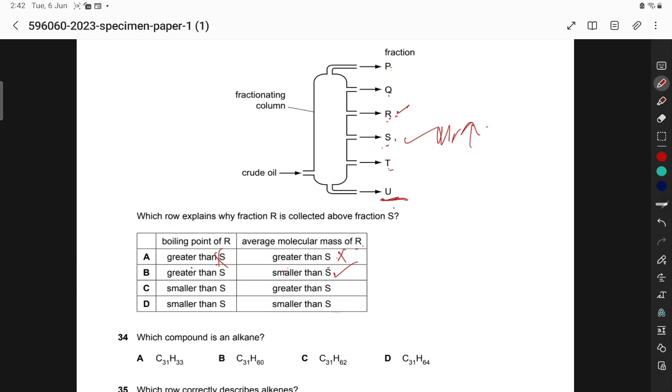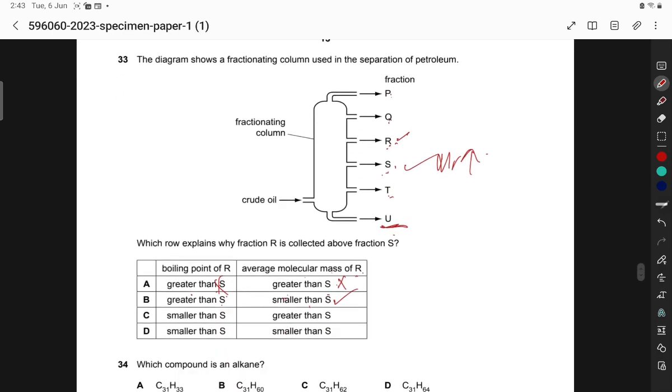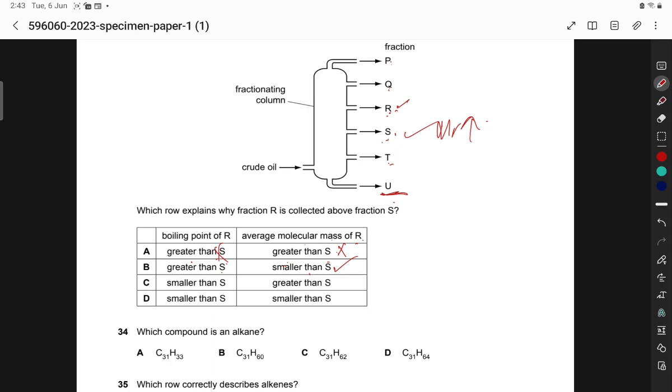The boiling point of S is greater than R. The average molecular mass MR of R is smaller than S. R has boiling point smaller than S, and MR of R is smaller than S. Yes, it is correct. D option is correct.